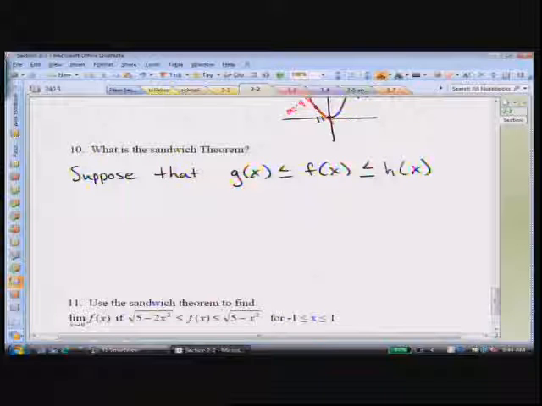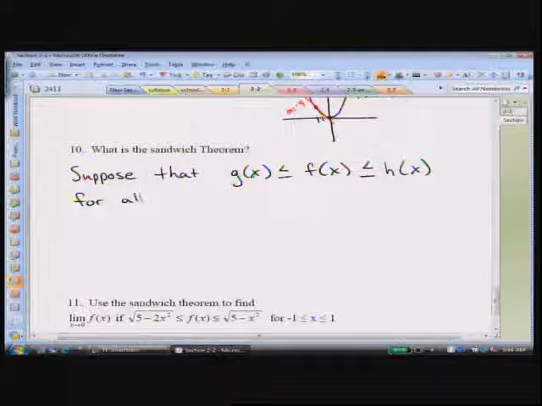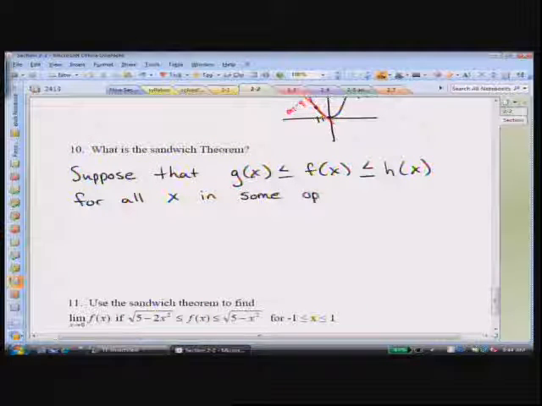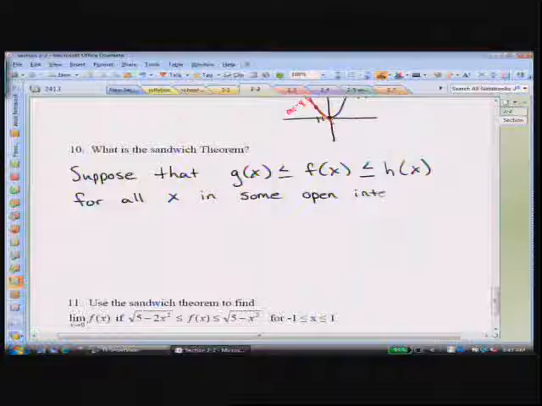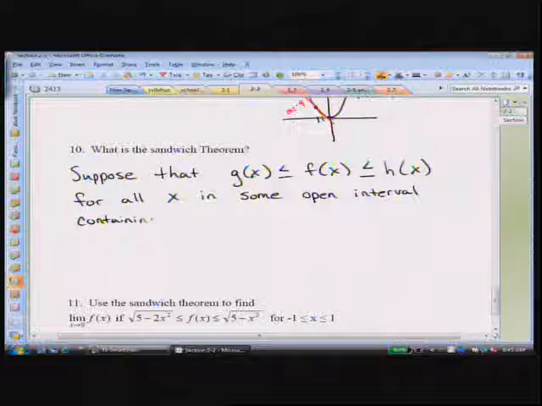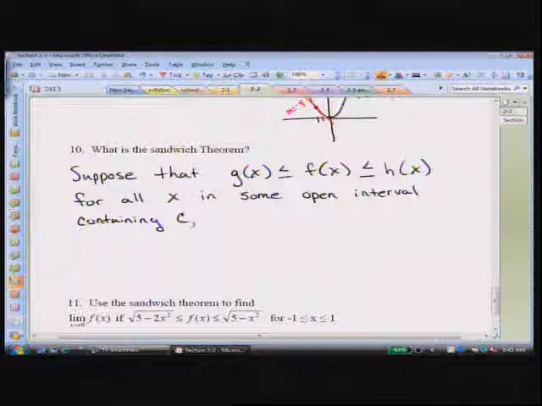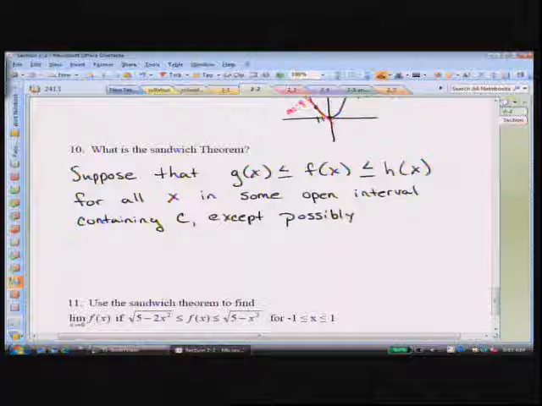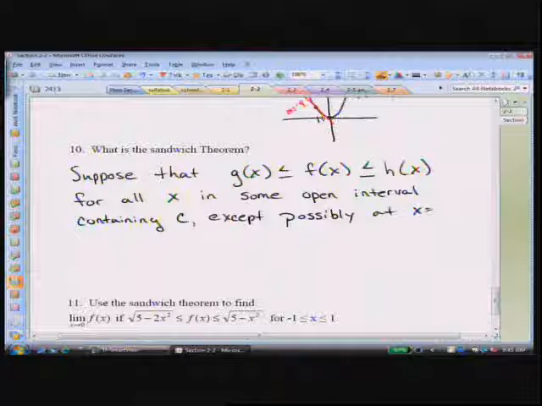And we're going to say for all x in some open interval containing C, except possibly at x equals C.